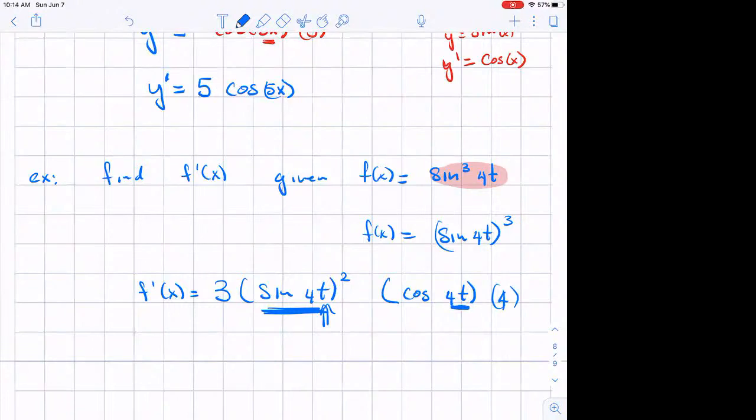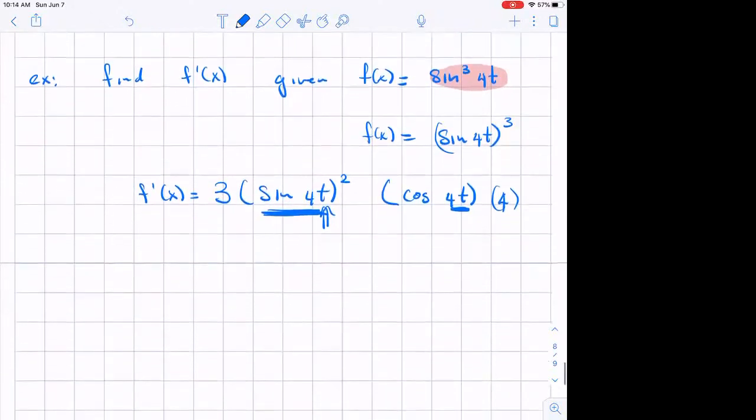Right, so it gets very complicated, but you have to follow the steps. So f prime of x is equal to 12 sine 4t quantity squared times cosine of 4t.